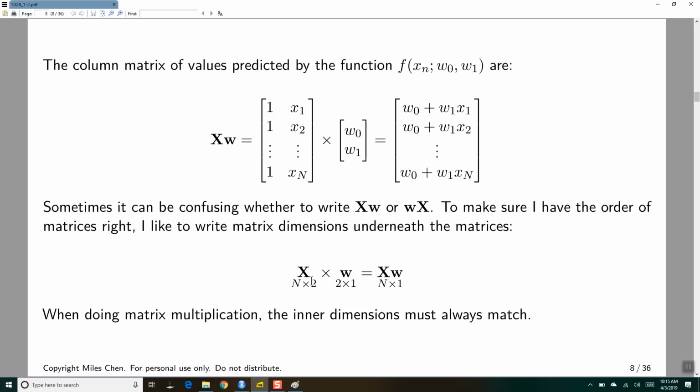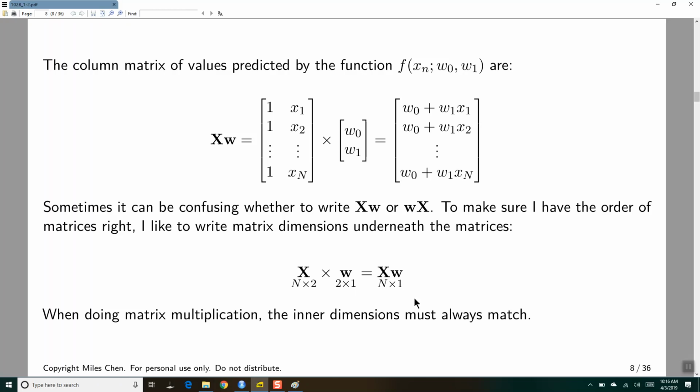And so basically, our X matrix has n rows and 2 columns, and our W matrix has 2 rows and 1 column. And so when you multiply those two together, the inner dimensions, the 2 and the 2 here, must match, and they combine. And so the result will be a single column matrix that is n by 1.